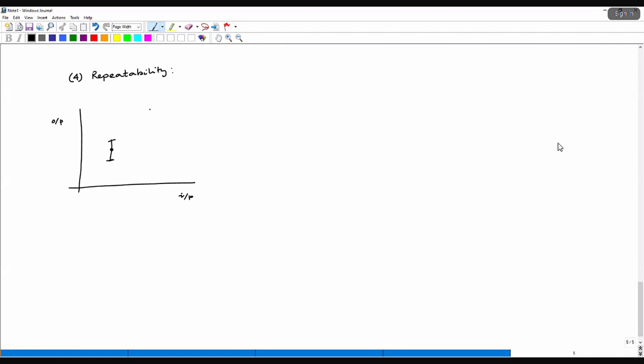If you change the input, you may get some other mean value, and of course you have a standard deviation. For some other input, you may have some other mean and some other standard deviation, right? So for a given input, this variation in the output basically signifies repeatability.